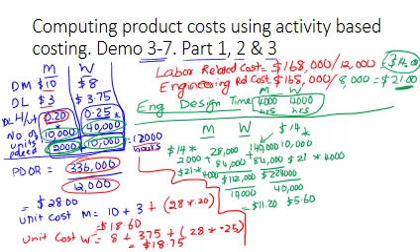Now the next step is going to be very easy. All you need to do is take direct material, M, what is the unit cost? Direct material of 10, labor cost of 3, and then manufacturing overhead cost per unit of 1120.